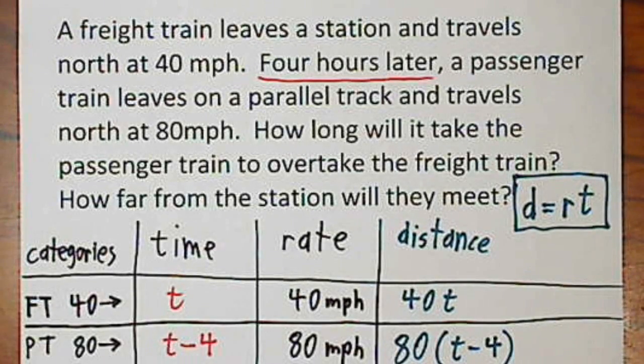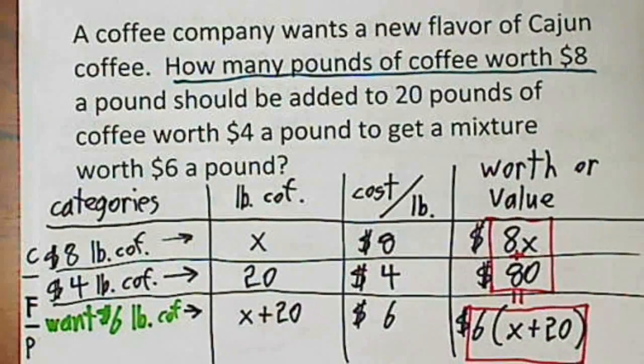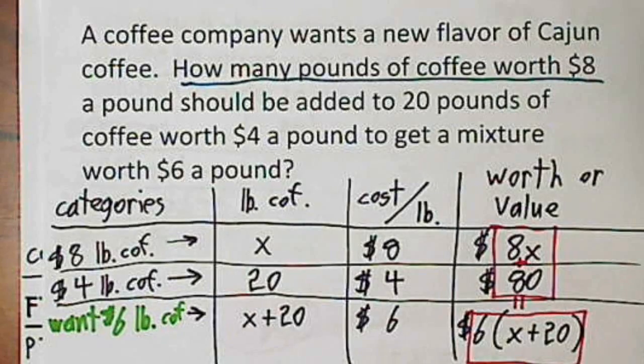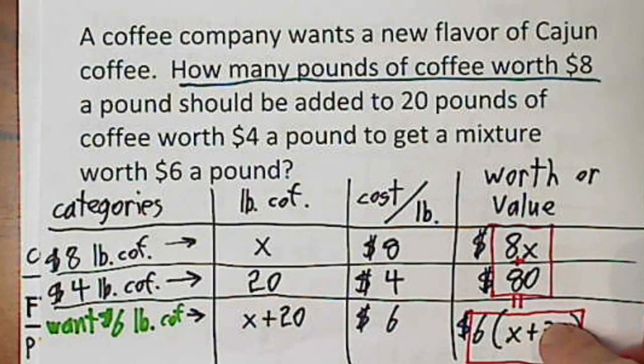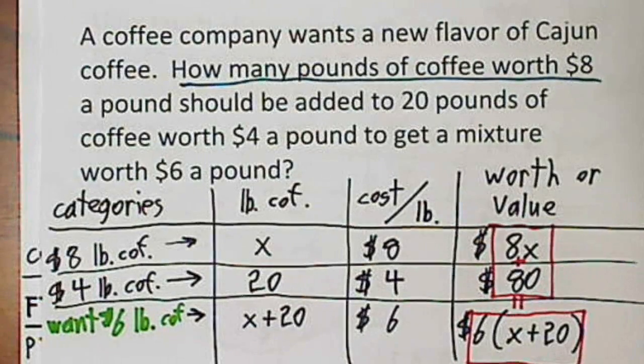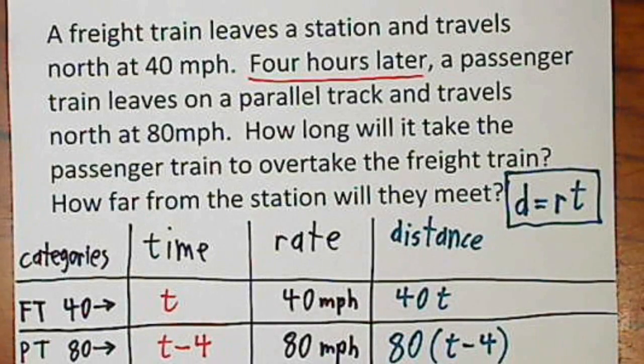Alright, and now what we're going to do, you remember on these other charts, I'll pull them in here for a second. On these we had a third category, and we worked with these two and set them equal to the third category. That's not quite what we have going on here.